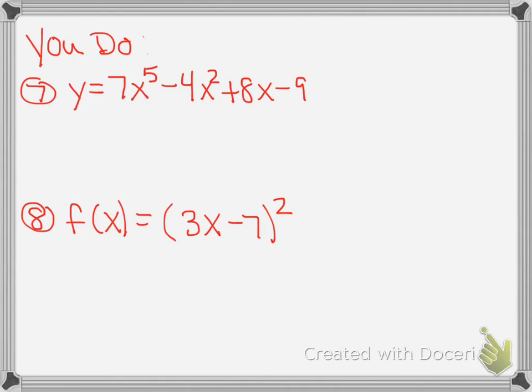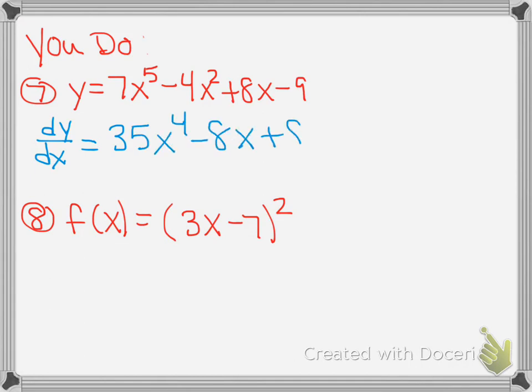All right, so welcome back. Let's talk about this. In number 7, we have dy dx equals, hopefully you got 35x to the 4th minus 8x plus 8. Number 8 required a little bit more work. You have to expand this out. Expand meaning FOIL it.